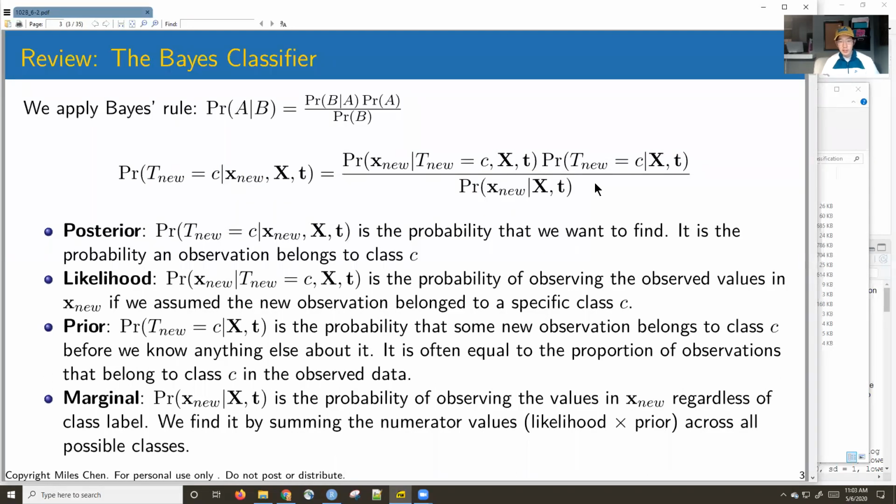So the likelihood is the probability of x new given basically that the label is class C. It's the probability of observing the values in the x vector if we assume that the observation belongs to class C. Then we multiply that by the prior, which is, before you even look at any observations, the probability that this new observation belongs to class C, and that's often equal to the proportion of observations that belong to that class in the training data.